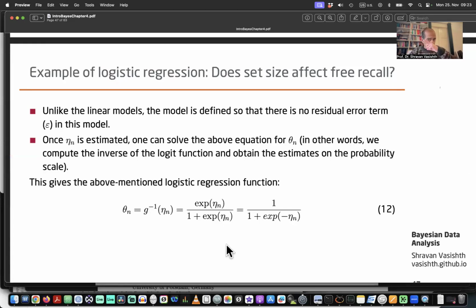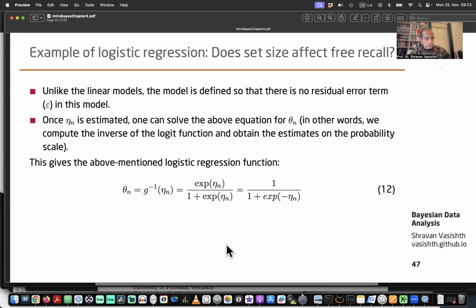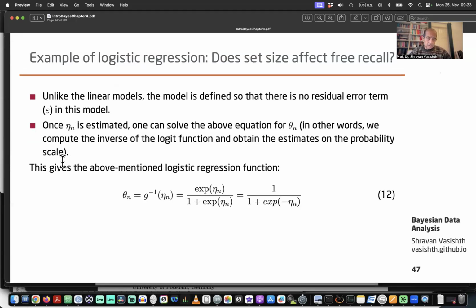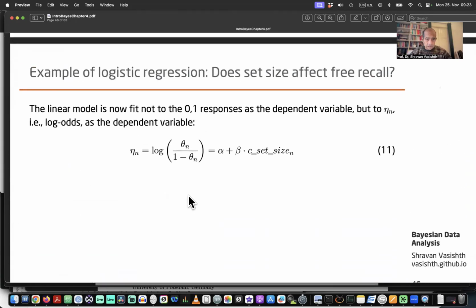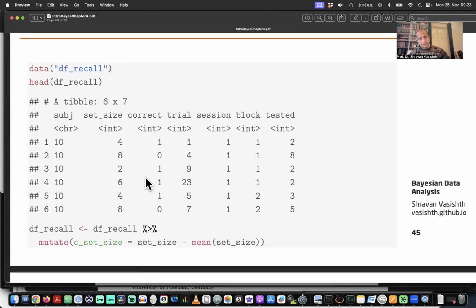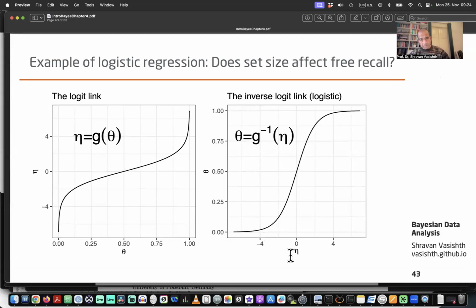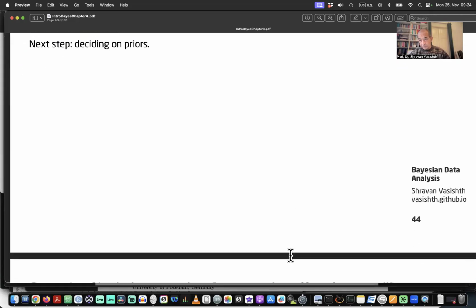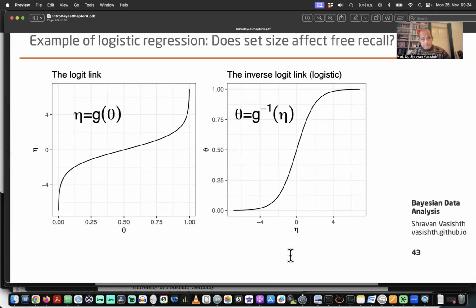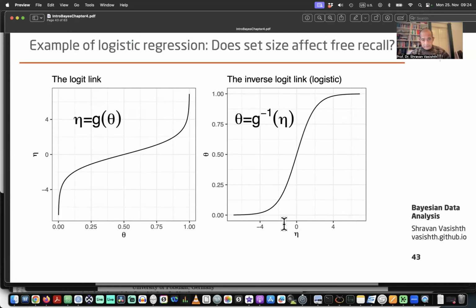Coming back to the model, one important consequence of fitting this model is that once we have estimated these parameters, alpha and beta in log space, we can always back transform the meaning of these parameters into probability space by using the inverse logit or logistic function. That's where we are going with this. We estimate the model in log space, get the estimates in log space, and then back transform to probability space using the logistic function.